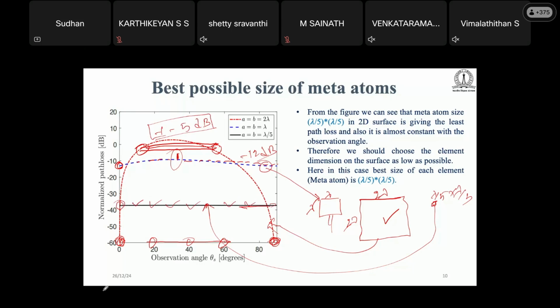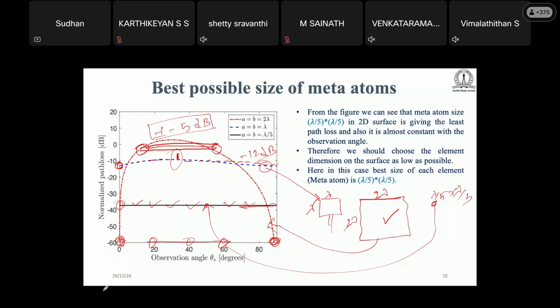It gives a constant loss, so it will be very easy to design your receiver and your automatic gain controller. But if we use this 2 lambda by 2 lambda, you can see the loss when the phase difference is 20 to 60 degree is huge.